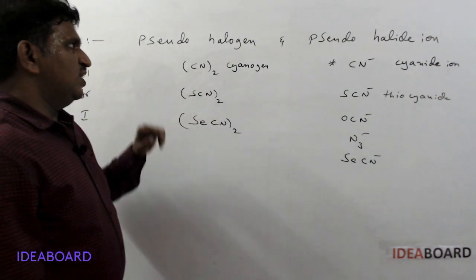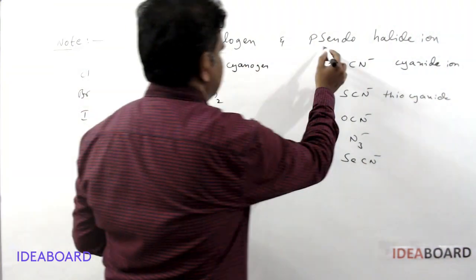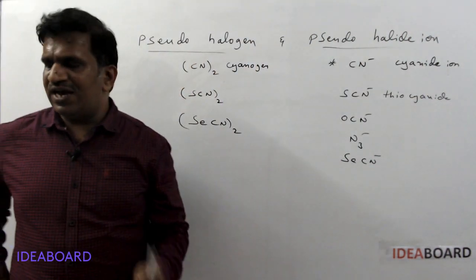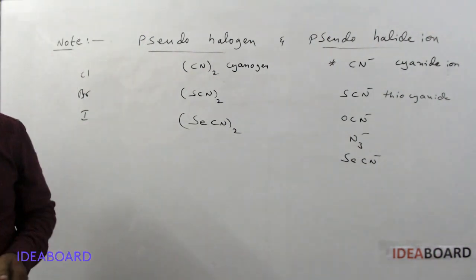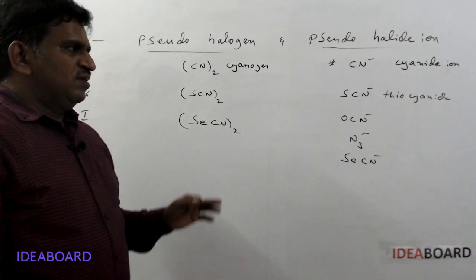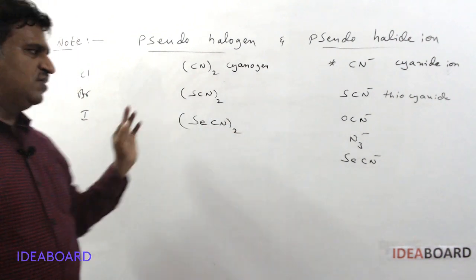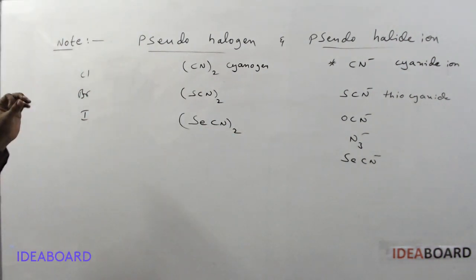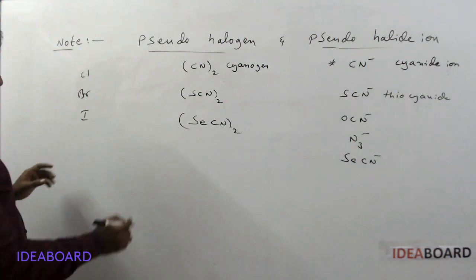So these are pseudohalogen molecules and pseudohalide ions. Whatever it may be, pseudohalide or pseudohalogen means you always remember it has similarities in its properties with chlorine, bromine or iodine type halogens.